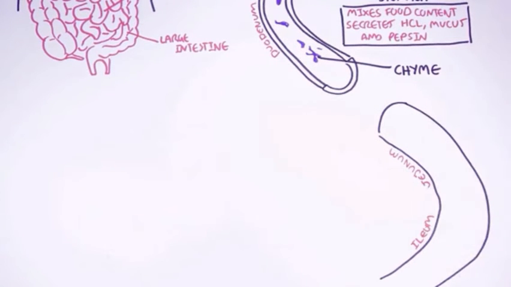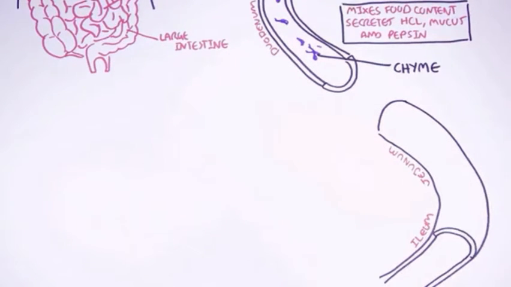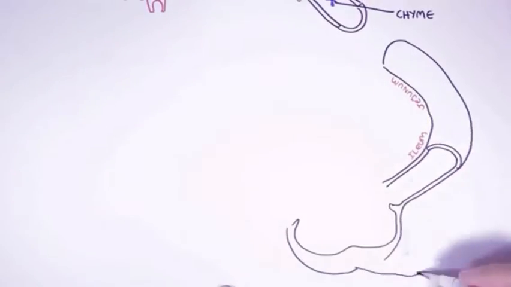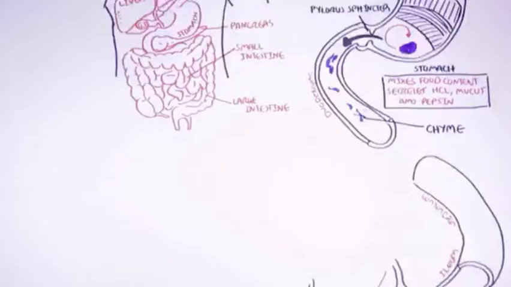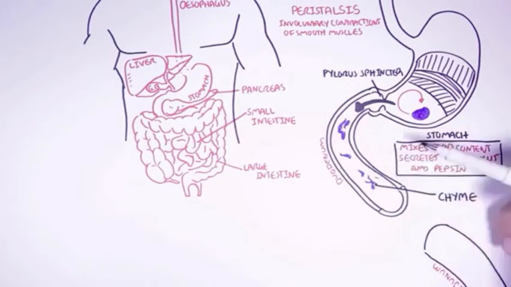The ileum connects to the start of the large intestine here. The small intestine is very important because it is where most of the digestion and absorption of food takes place. However, it cannot do this without the help of the accessory organs: the liver, the gallbladder, and the pancreas.